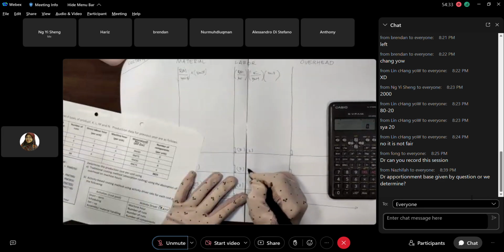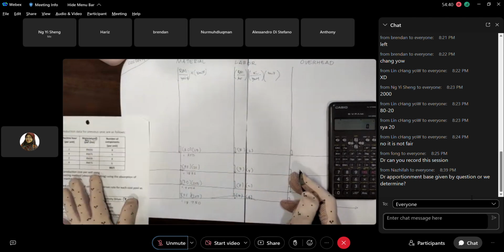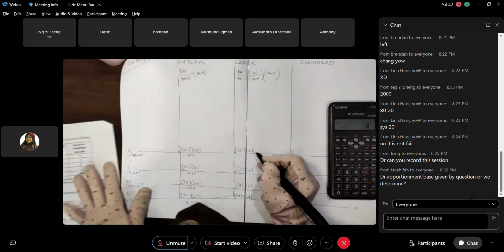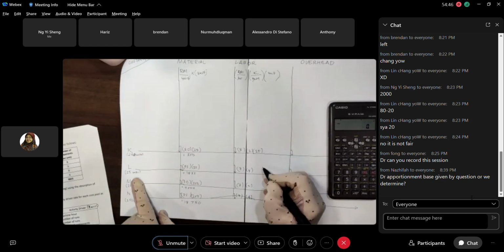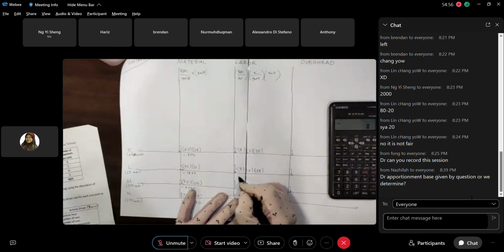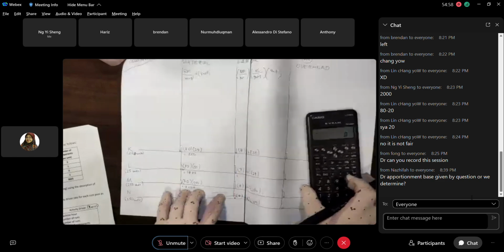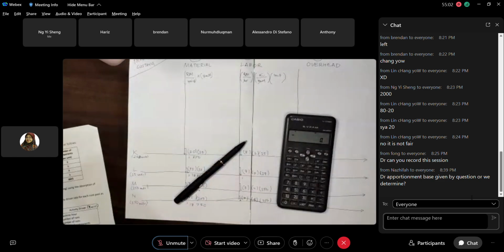So 2 hour per unit, 4 hour per unit, 2 hour per unit, and 4 hour per unit. And then unit, the unit is 25, 25, 250 and 250. Then find the numbers.